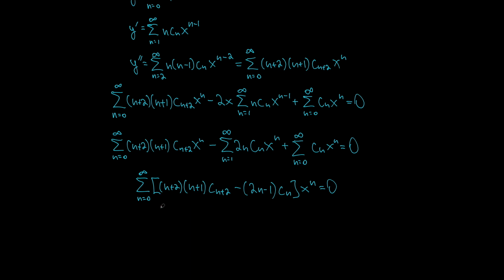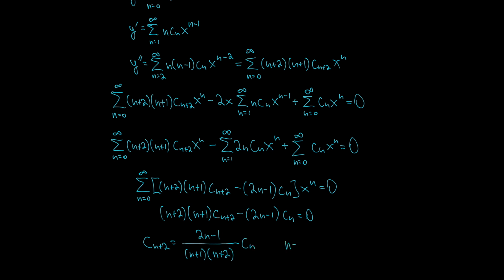So that means that we have n plus 2 times n plus 1 times Cn plus 2 minus 2n minus 1 times Cn equal to 0. So this means that, solving for Cn plus 2, we have Cn plus 2 equal to 2n minus 1 over n plus 1 times n plus 2 times Cn, where n goes from 0 to 1, 2, 3, etc.